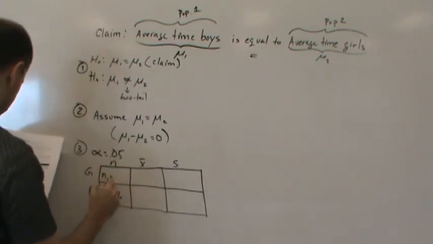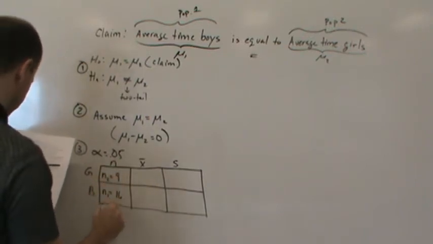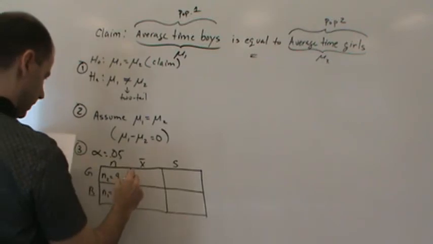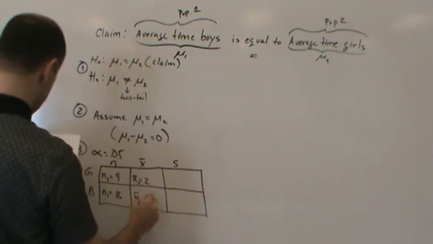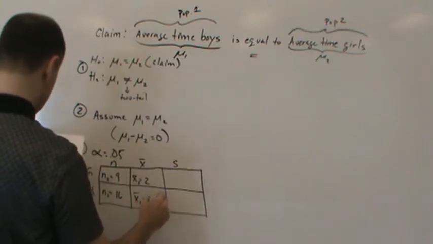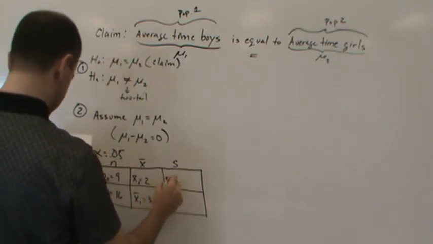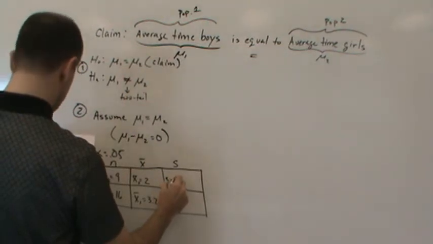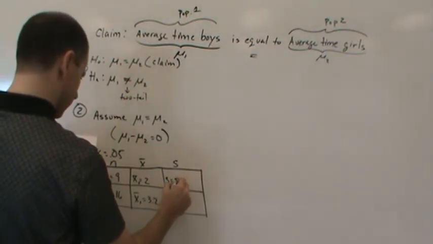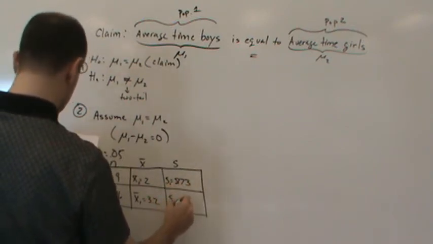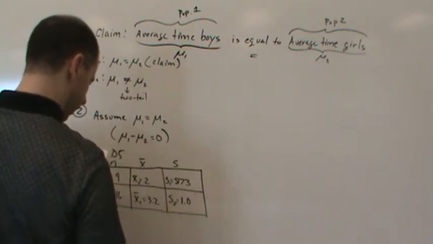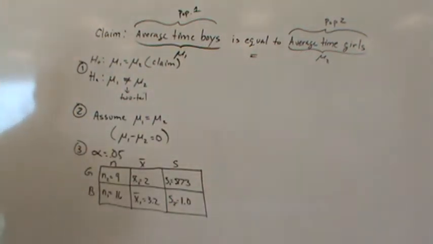N2 equals 9. And then X bar 2 equals 2, and X bar 1 equals 3.2. And then S1 equals 0.873, and S2 equals 1.0. Okay, so that's the data.